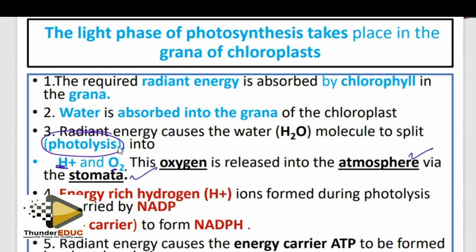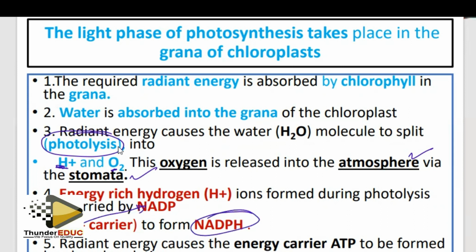So now the energy-rich hydrogen, or the hydrogen ion formed during this process of photolysis, is carried by NADP, meaning it's going to be attached to NADP and forms NADPH.